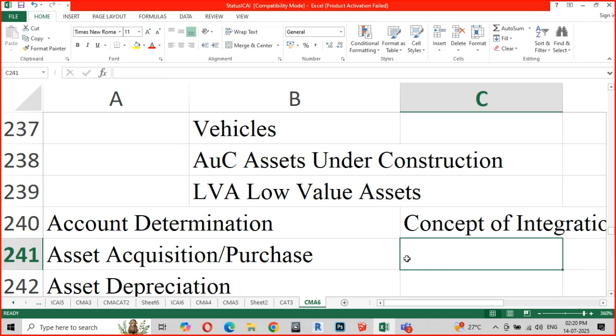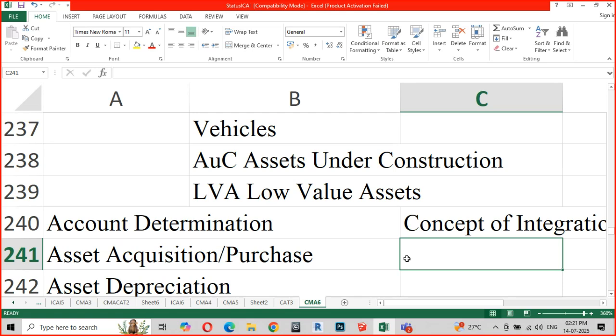Clear? So what is account determination? If somebody asks you, it is nothing but how the integration happens, intermodular or intramodular. The integration between FI-AP, FI-AA, FI-AR is within the modules.